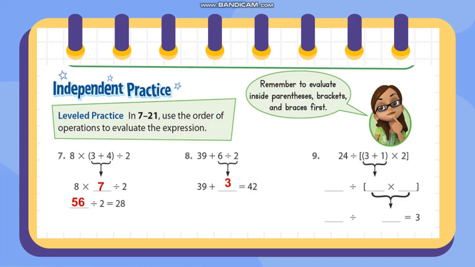Here inside the group, we have the parentheses and multiplication. So we need to add first: 3 plus 1 is equivalent to 4, and 4 times 2 is equivalent to 8, and 24 divided by 8 is equivalent to 3.